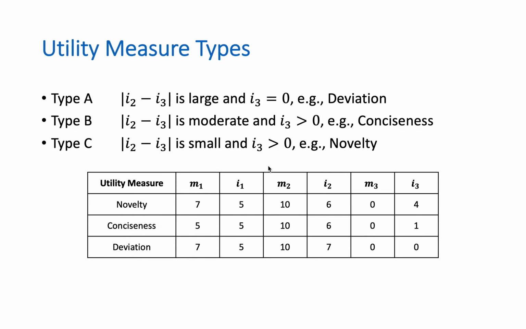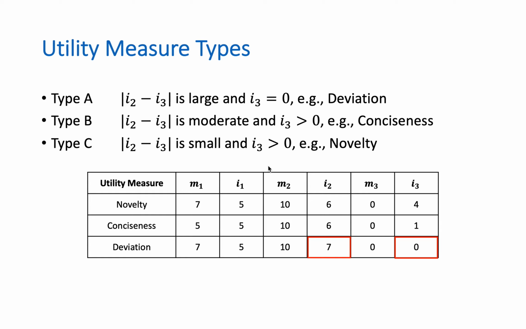Then we need to categorize the view utility measures into 3 categories so that we can formulate them differently in our composition form. Type A is a utility measure that influences the view interestingness a lot. We define it so that the difference between I2 and I3 is large, meaning that the interestingness can change a lot when the measure goes from 0 to 10.